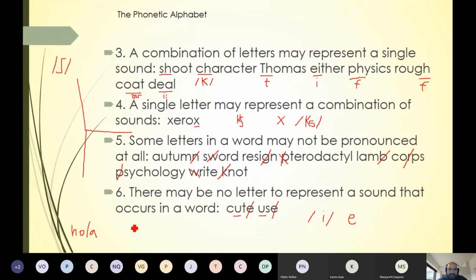And sometimes one symbol or one letter is represented by two sounds, like the X, which is usually produced by the combination of K and S. So these are issues that we need to take into consideration when we're learning a language and when we're teaching a language, that these phenomena do not necessarily occur in our mother tongue.